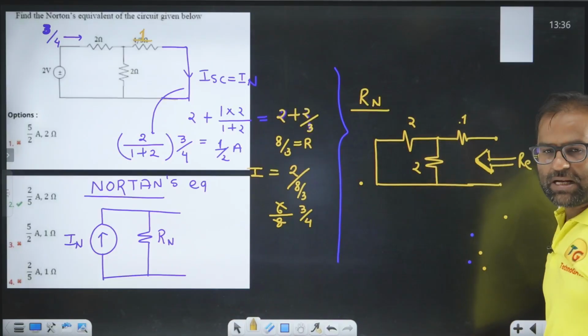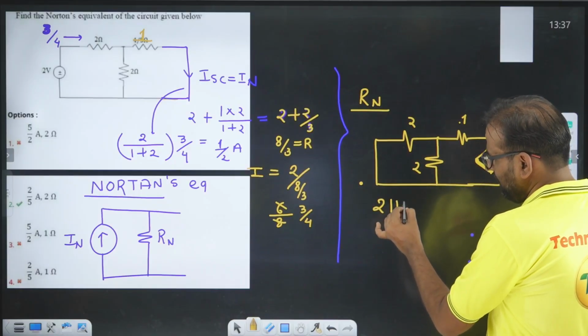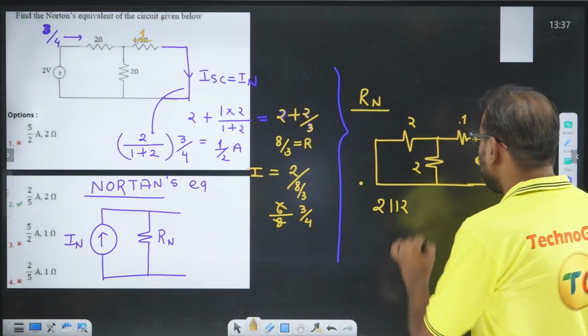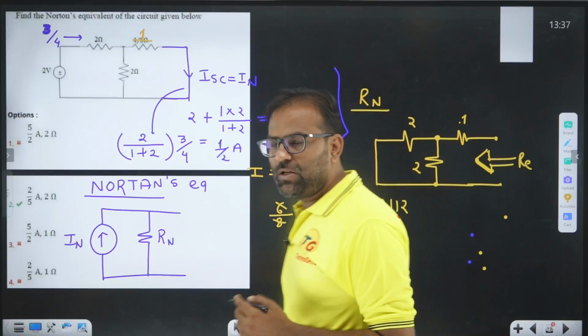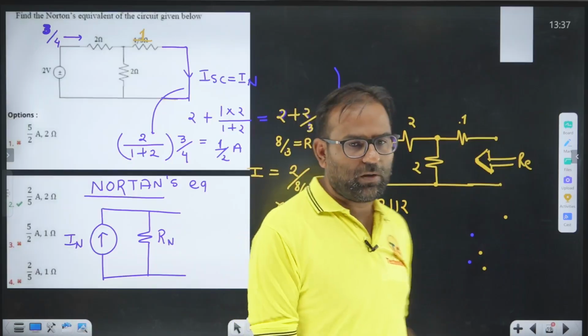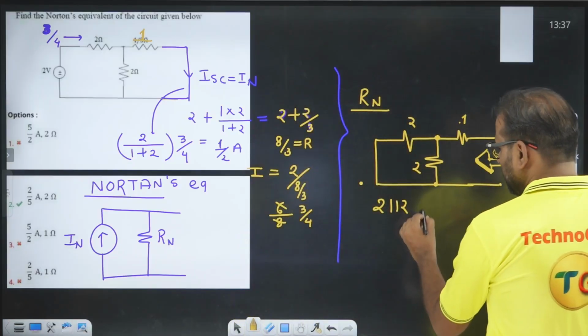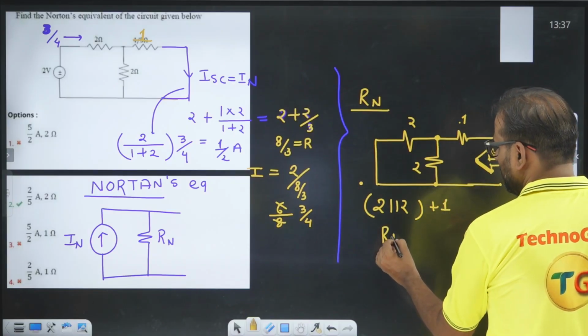2 and 2 in parallel will give you 1, and that 1 is with 2 in parallel with 2. Why 2 parallel with 2? Because the starting point and ending point of these two components are the same. When you have the same starting and ending points for two components, it gives a parallel effect. Plus we have one component which is in series, so RTH equals what?